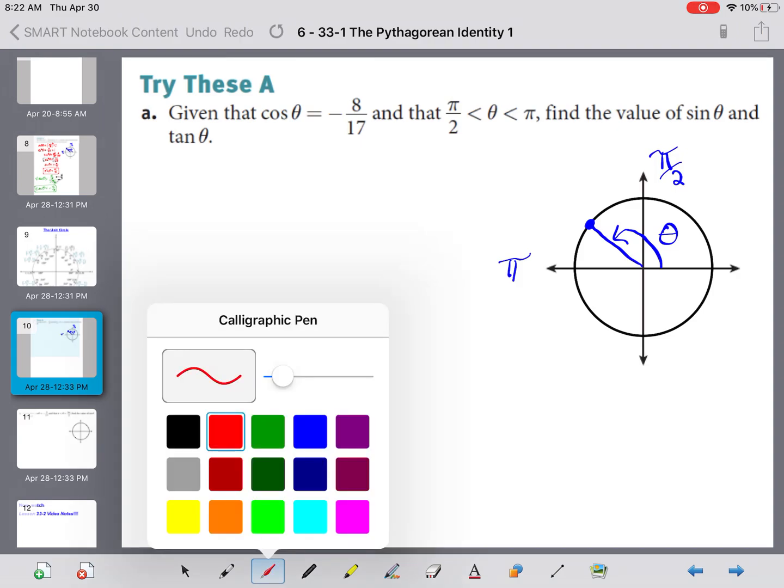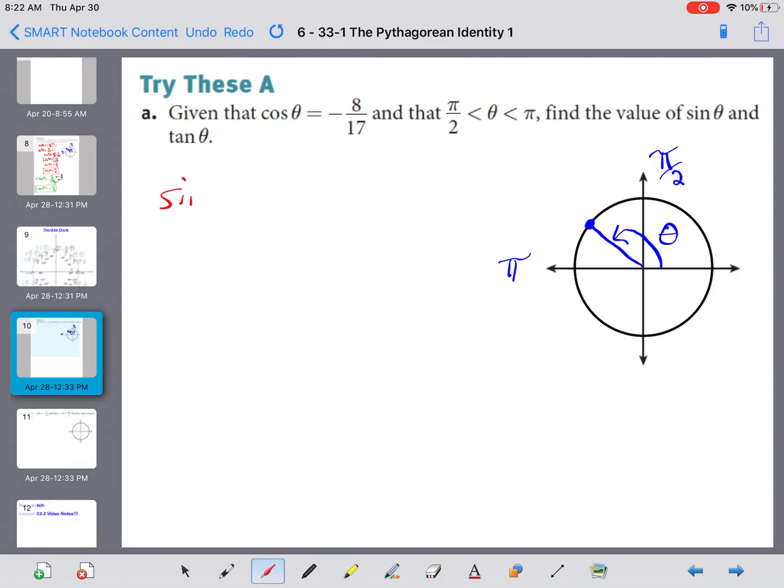So using the same identity, I'm going to use sine squared of theta plus negative 8/17 squared equals 1.